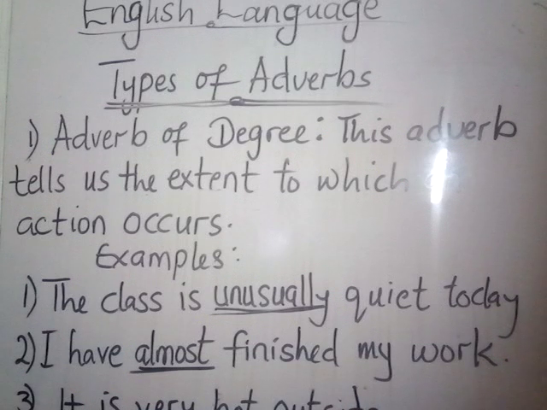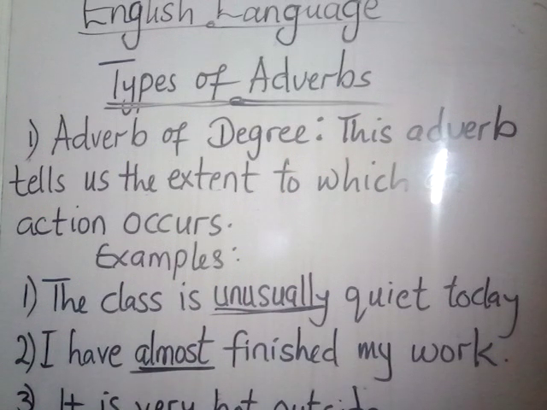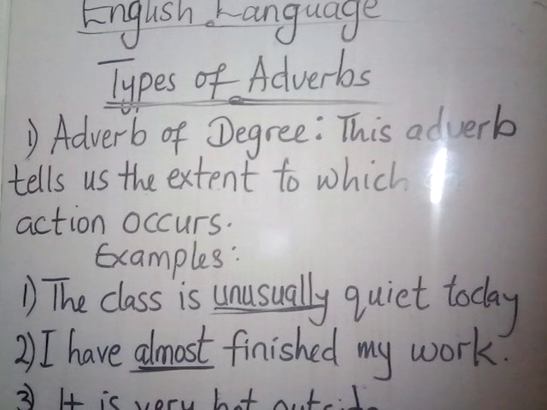So very here tells us the degree of the hotness of the weather outside. So those words unusually, almost, and very, they are adverbs of degree. They help to show the extent of the action that is being carried out.